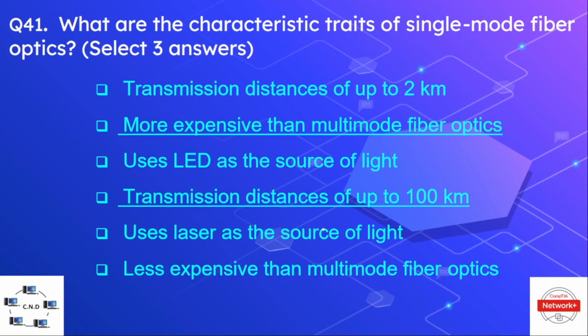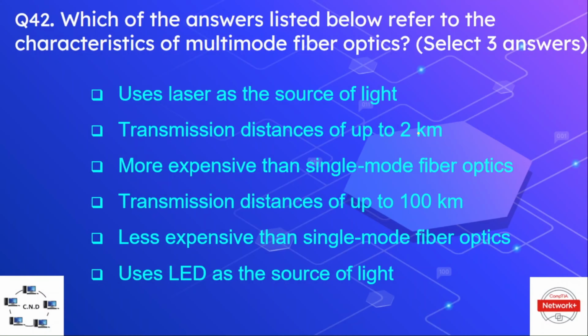And the correct option is that it uses laser as the source of light. So a single mode fiber is basically more expensive than multi-mode fiber. It has more distance support of up to 100 kilometer, and it uses laser as a light source.